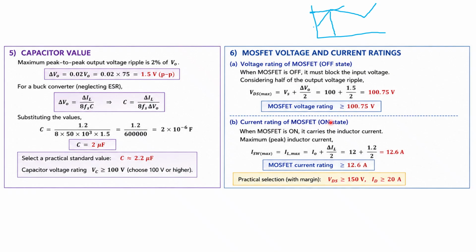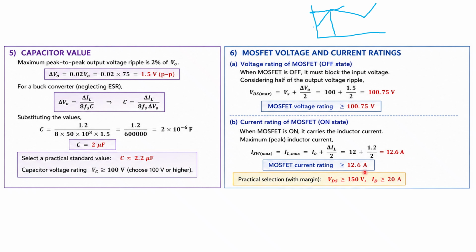Now we will see the current rating. In the same way, for current rating also, the MOSFET current rating should be higher than the maximum value of load current. What is the maximum value of load current? I naught plus delta IL by 2. This is the peak value. So the current rating of the MOSFET should be greater than this maximum value. 12 plus 1.2 divided by 2 will give you 12.6 ampere.